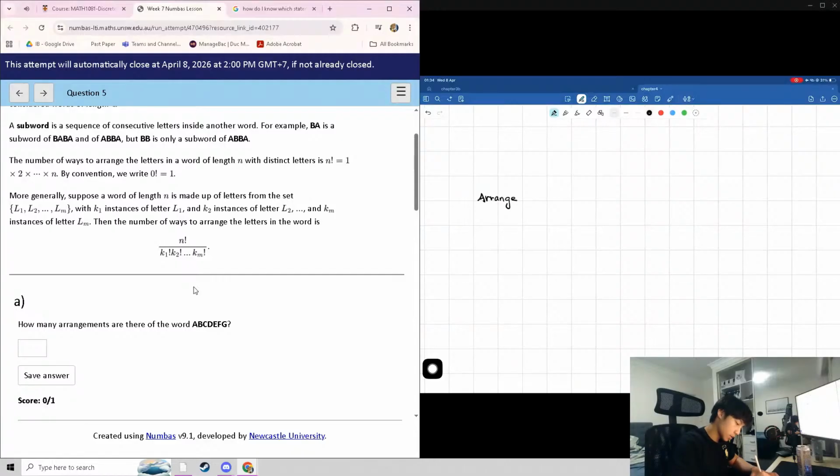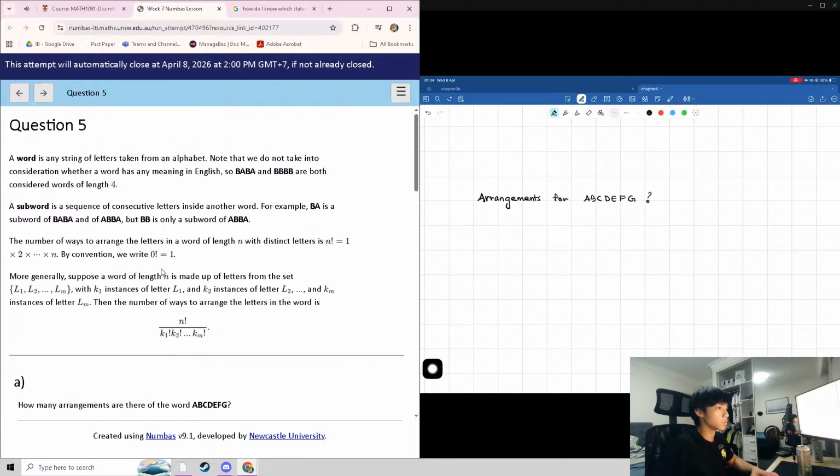Arrangements for A, B, C, D, E, F, G. I don't think we do P choose, right?